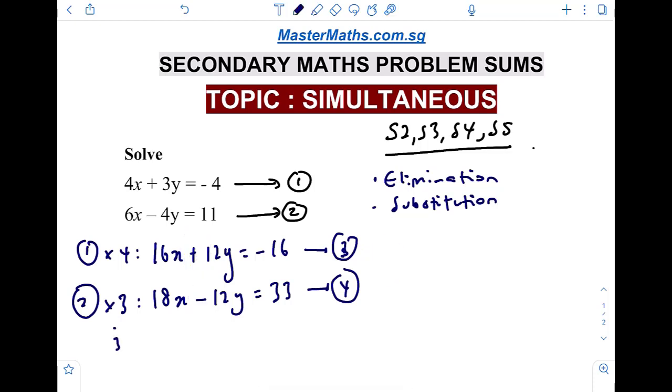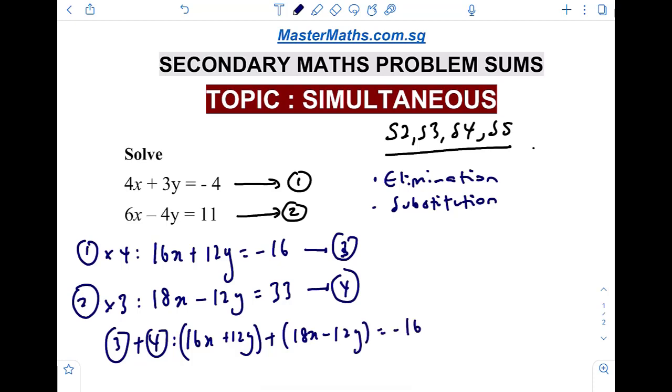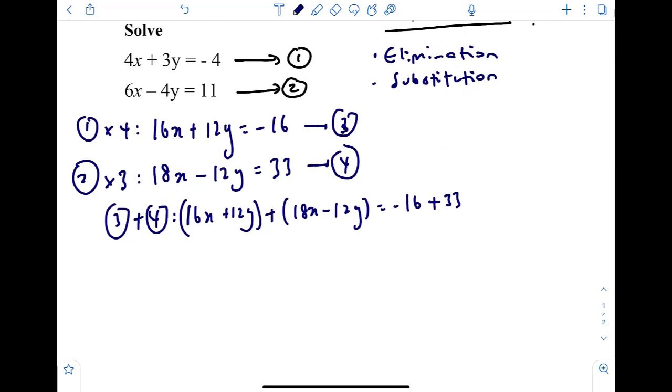So equation 3 plus 4, 16x plus 12y plus 18x minus 12y equals to negative 16 plus 33. Alright, so remove the bracket. 16x plus 12y plus 18x minus 12y is equals to negative 16 plus 33, that will be 17.